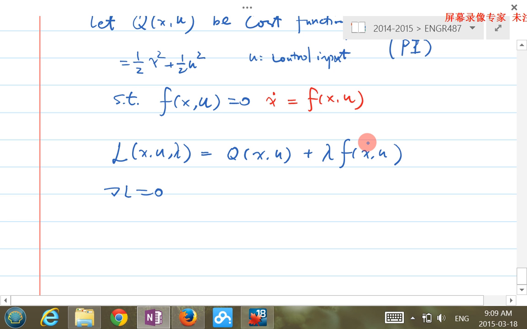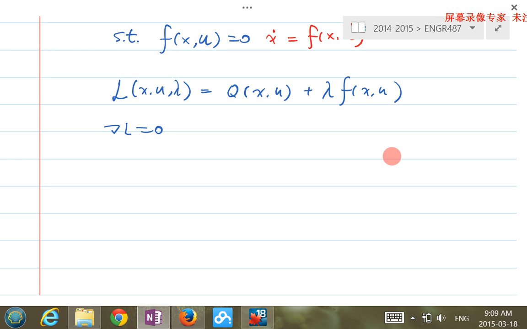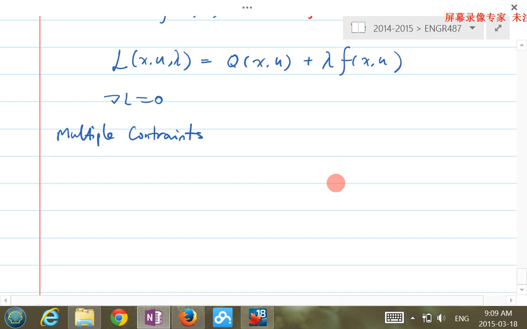Those are all constraints, constrained to the system. So if we have multiple constraints, here is the first constraint, the second constraint, and maybe there are n number of constraints.